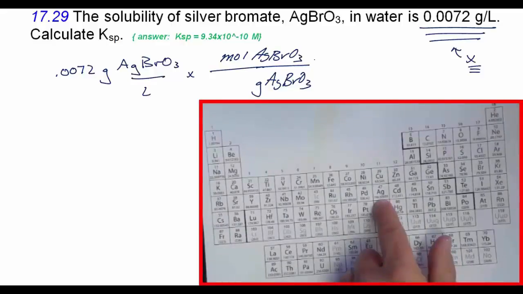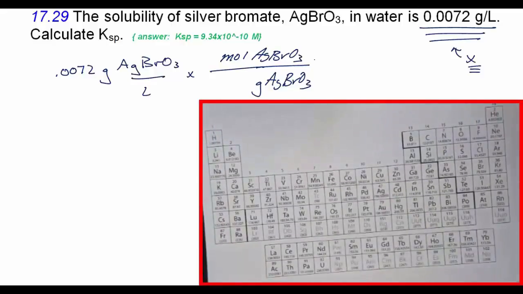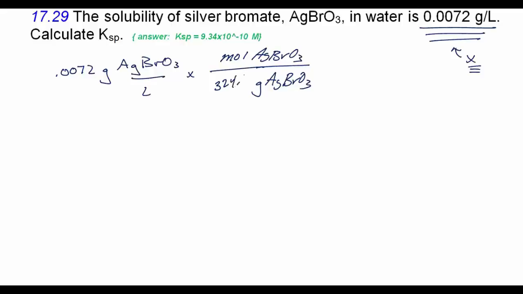Silver is 196.6 plus bromine 79.5 plus 3 times 16 for the oxygen, about 324.1 is the molar mass. So 0.0072 divided by 324.1, about 2.22 times 10 to the negative 5. There's my X in the right units.